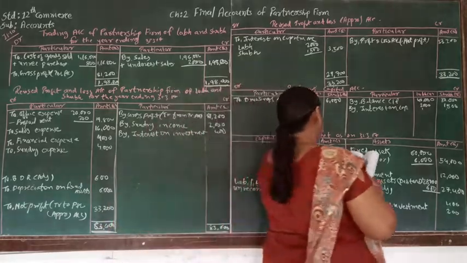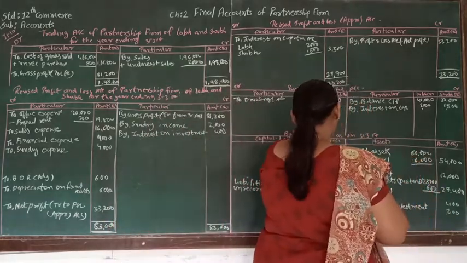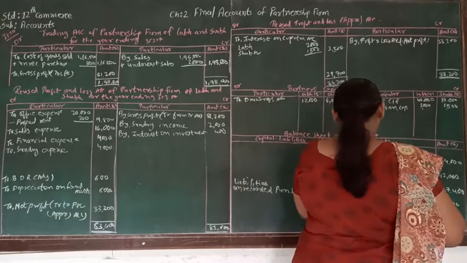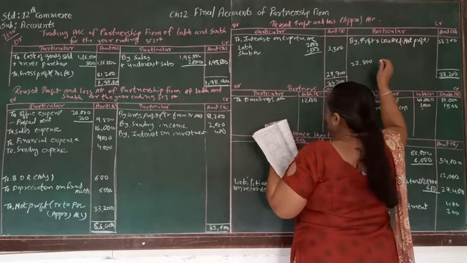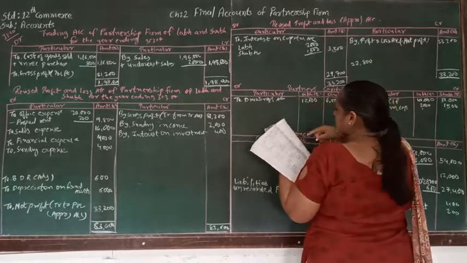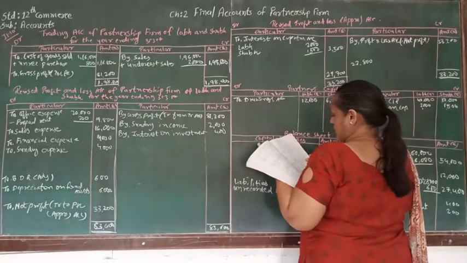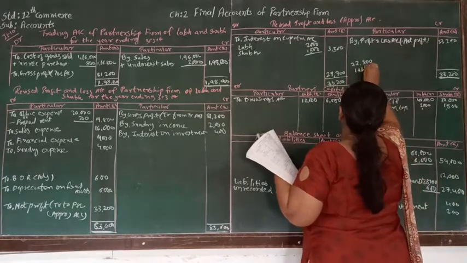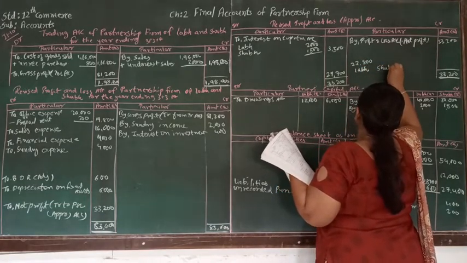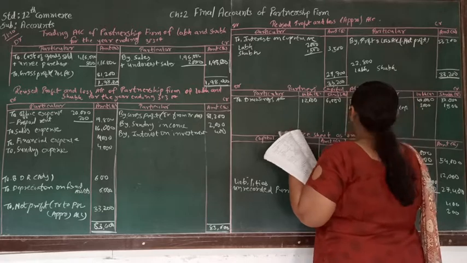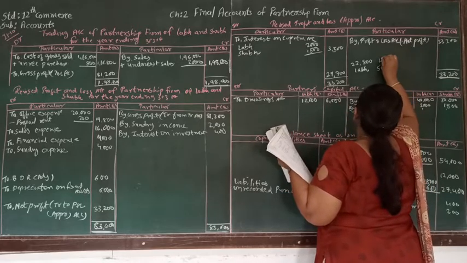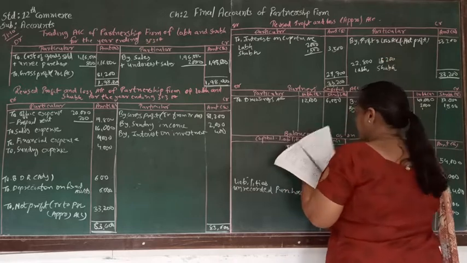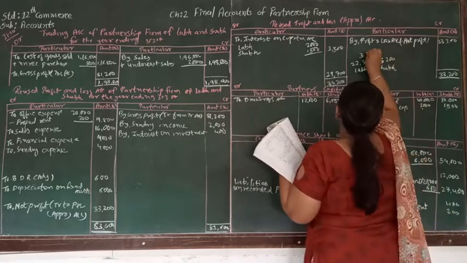We can see that in the old profit and loss account, they distributed 22,800 for Love, and for Soup the amount of profit is 15,200. So this is in the ratio of 3:2.